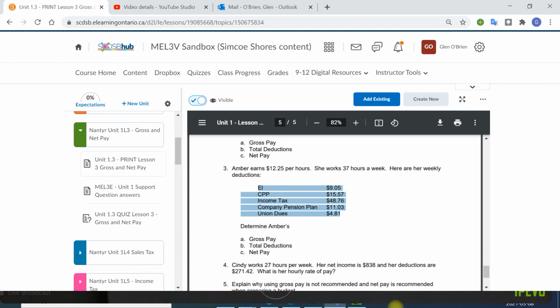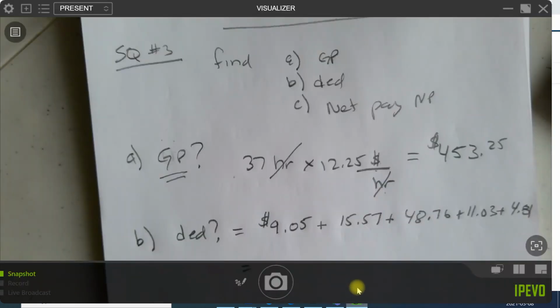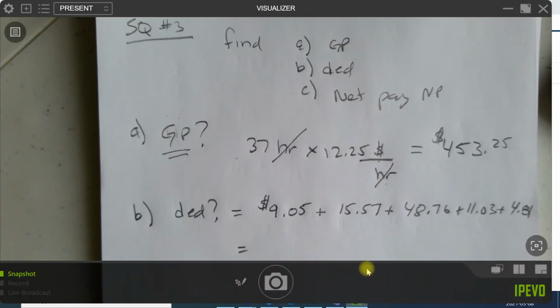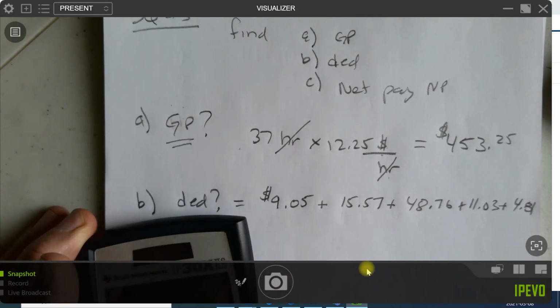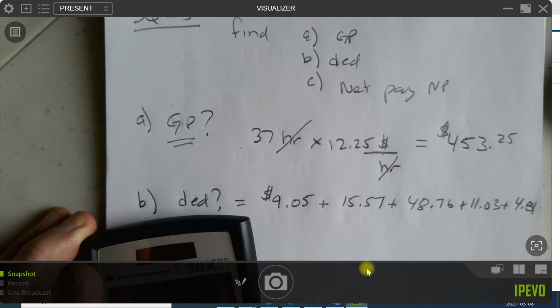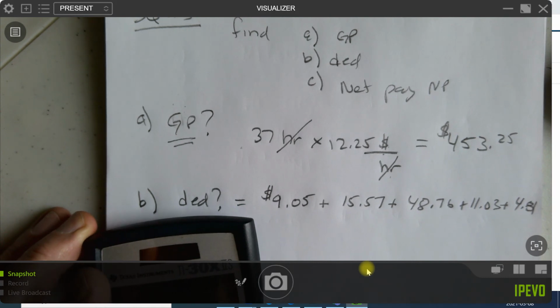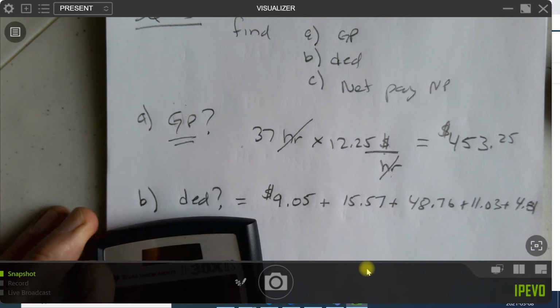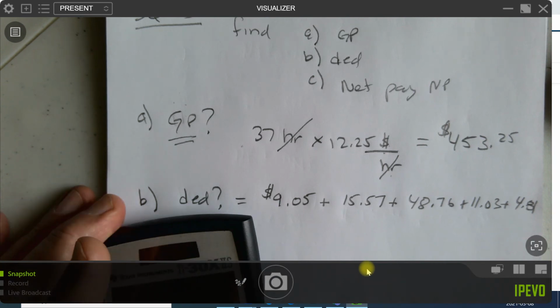I've written those all out for you here, and I'm just going to plug them into the calculator. So $9.05 plus $15.57 plus $48.76 plus 11. You can put them in vertically. I just put them horizontally because it fits on the paper better.